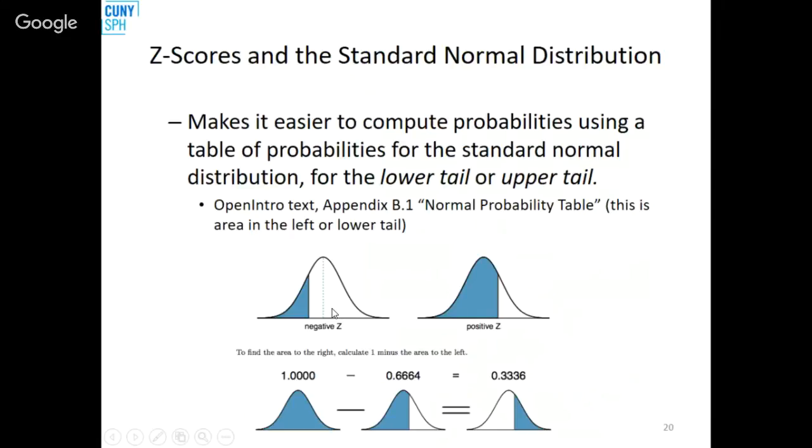Some tables go even further by, for example, if it's left tail, only giving you the negative z, or if it's right tail, only giving you the positive z.